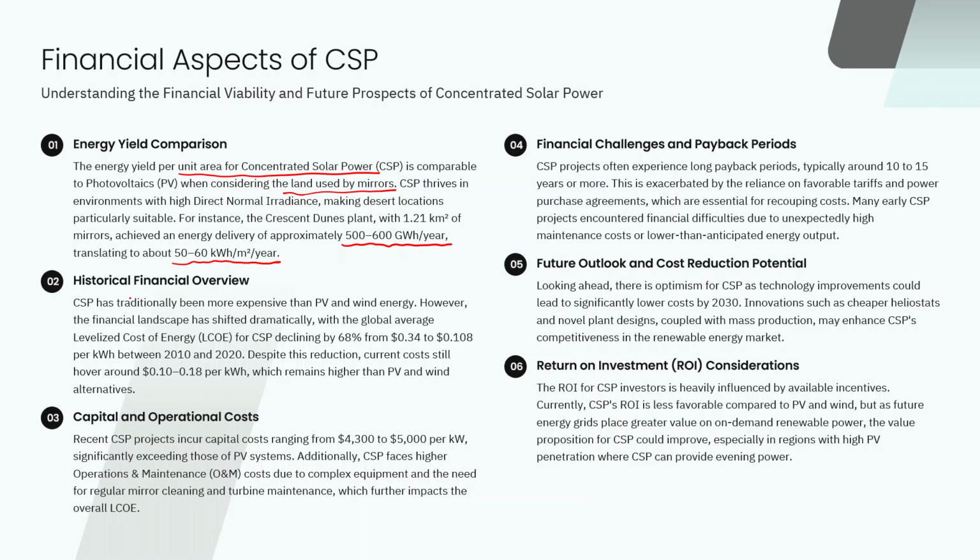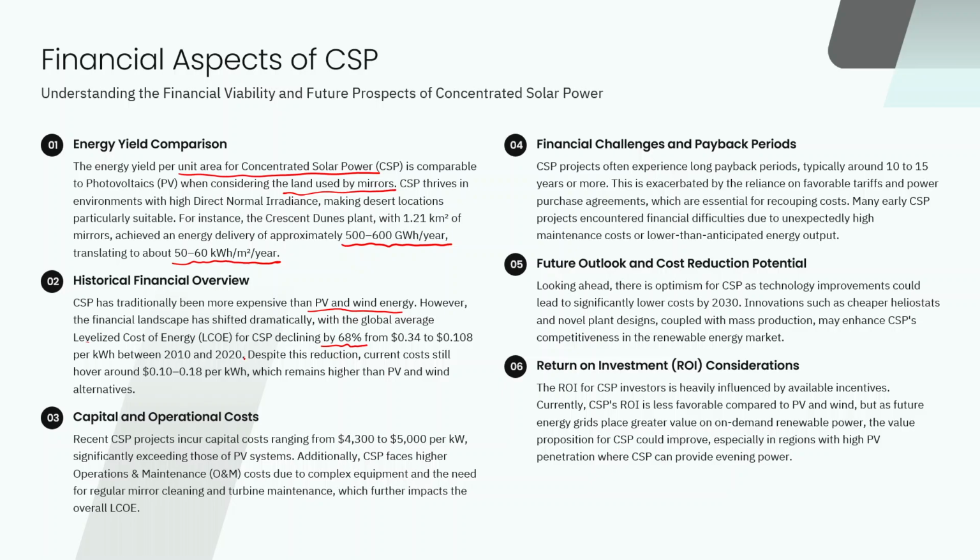So if you look at the history of concentrated solar power, it has traditionally been more expensive than PV and wind energy. However, this is shifting dramatically now. For example, in concentrated solar power systems, the levelized cost of energy declined by 68%, from $0.34 to $0.11 per kilowatt hour from 2010 to 2020.